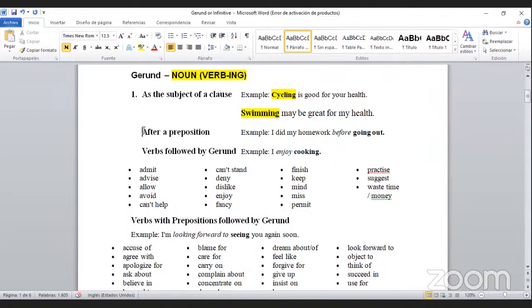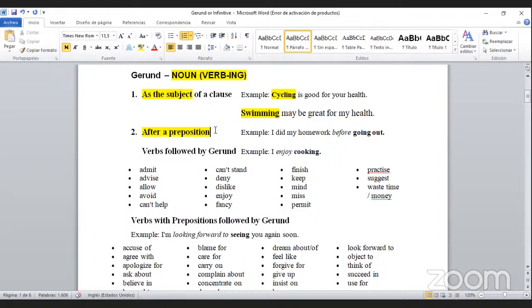The second use of a gerund is after a preposition. In the first one, we were saying that the gerund is a subject. In this second one, we always use a gerund after a preposition.